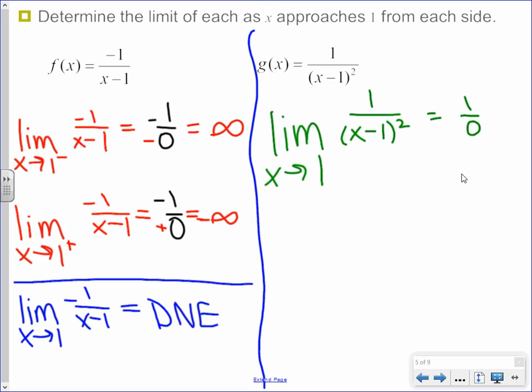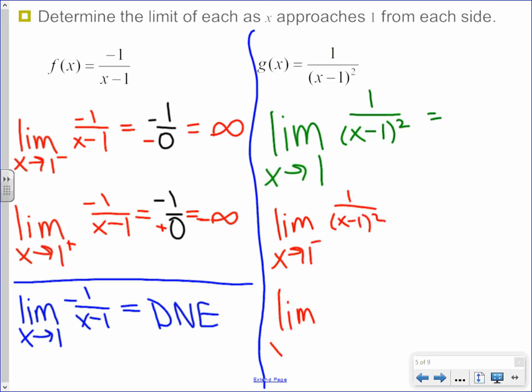That's happening because at 1 there is a vertical asymptote. So what you're going to have to do is look at what's happening on the left-hand side of our asymptote and what is happening on the right-hand side of our asymptote. And are they going to be the same?